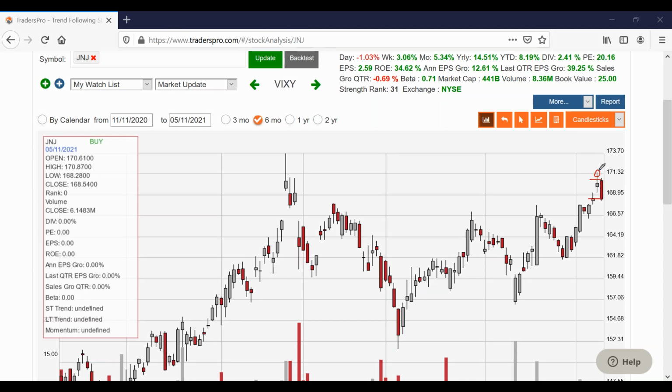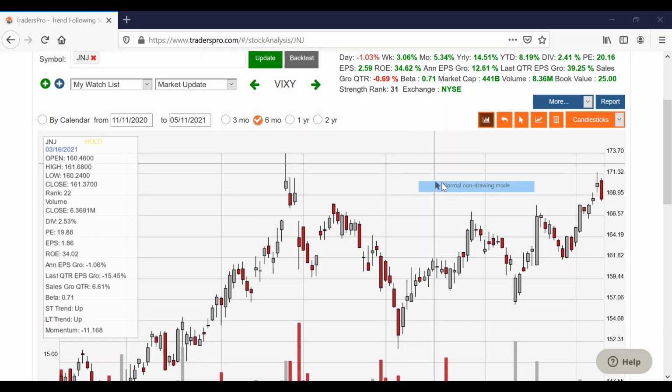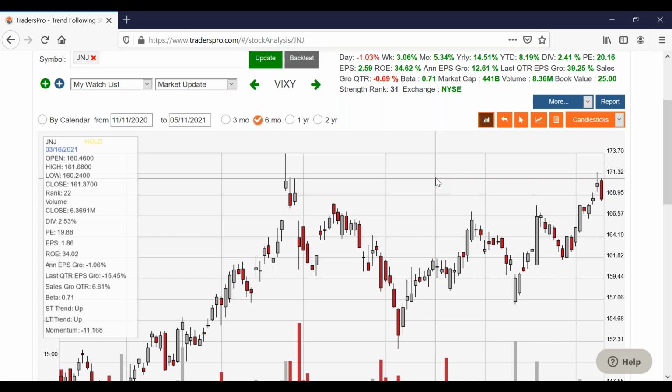I'd still consider trading this, but I would have liked to see better volume. You can see what happens over the next couple of days, see if it drops. It's a Dow stock, so if the Dow moves lower, it could definitely move lower with it.